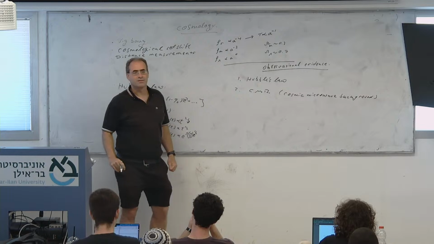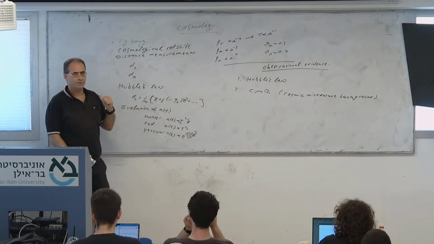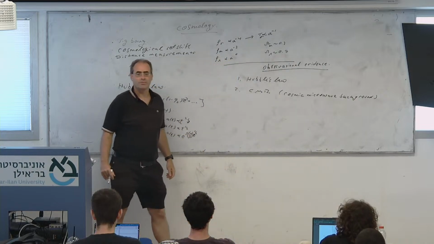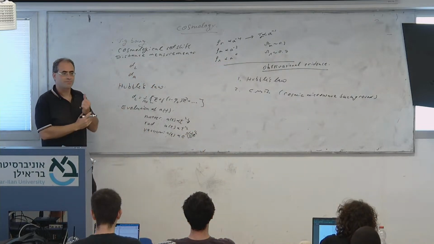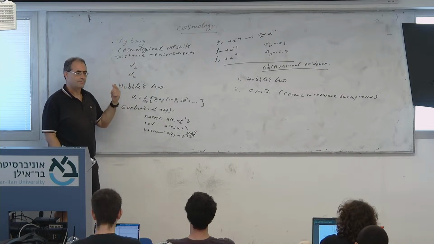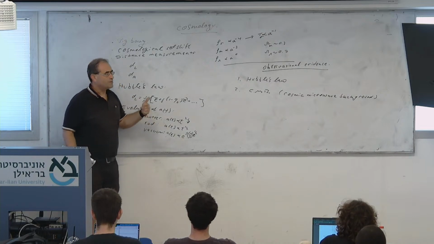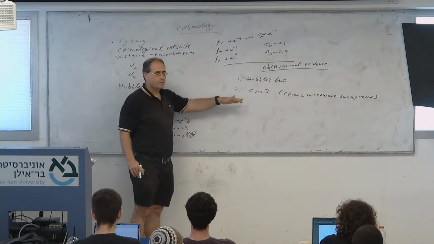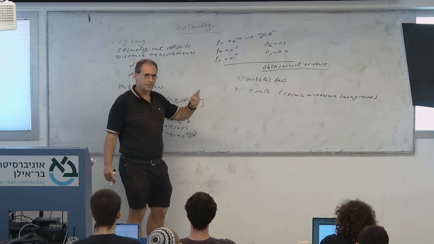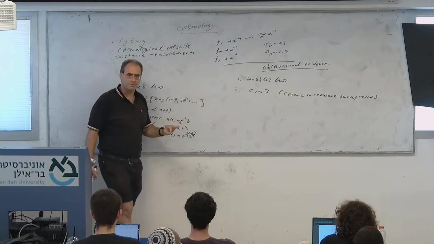So when a was smaller, the temperature of the universe, T means T gamma, that comes from Stefan-Boltzmann's law. It's a black body's radiation. So the temperature was high. Now it starts to increase. And the temperature today of the cosmic microwave background is 2.7 degrees Kelvin. It's very close to absolute zero.